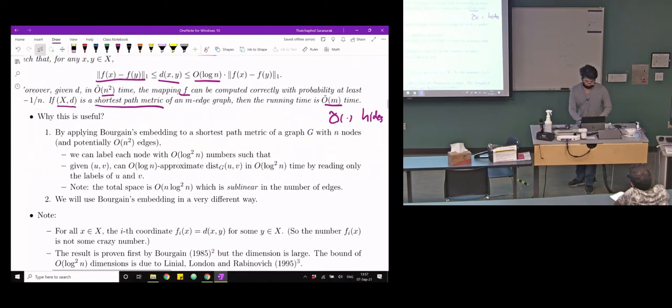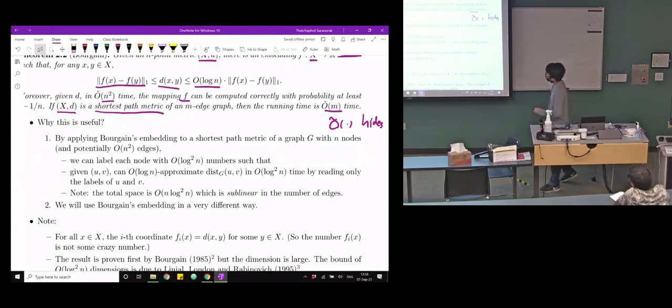I want to note, by the way, that each coordinate in this mapping F, each i coordinate, is not some crazy number. We will see in the proof, and we will prove this next time, that each coordinate will be actually a d of x, y for some y.